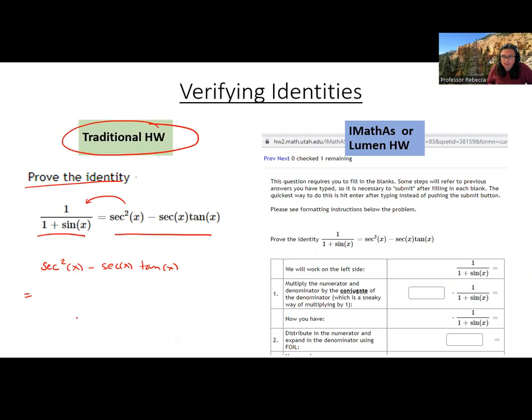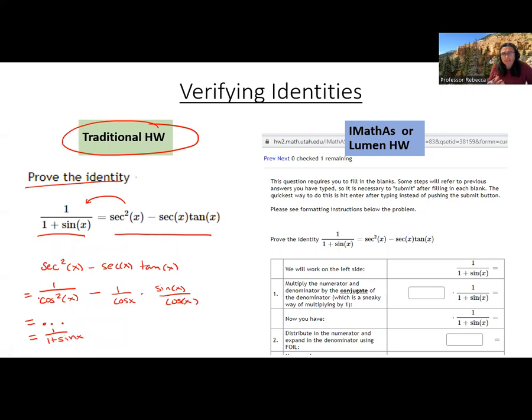So I might turn everything into sines and cosines, rewriting this as 1 over cosine squared x minus 1 over cosine x times sine x over cosine x. Then there would be more steps to do. So I'm adding in a dot, dot, dot, and eventually I would reach the other side. That is 1 equals 1 over 1 plus sine x.